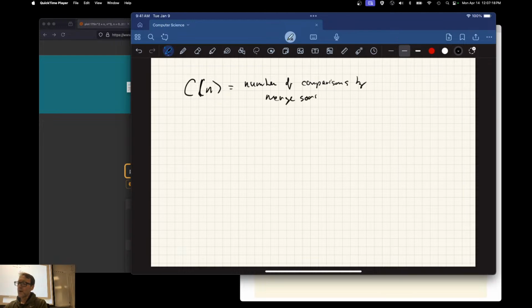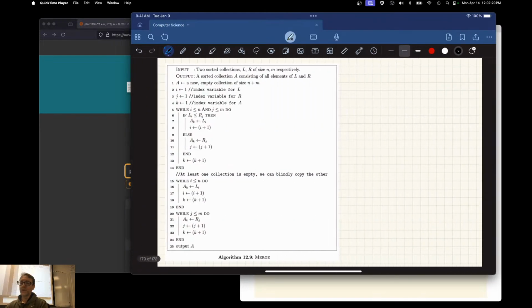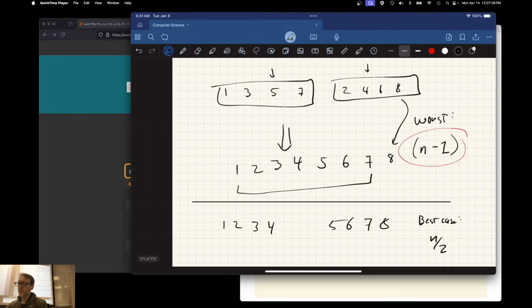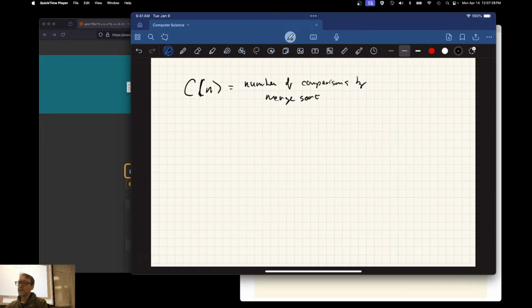And by merge sort, I mean that main routine, not this subroutine, but this main routine over here. This merge sort routine right here. I'm just going to say that C sub n is equal to the number of comparisons made by merge sort on input of size n.